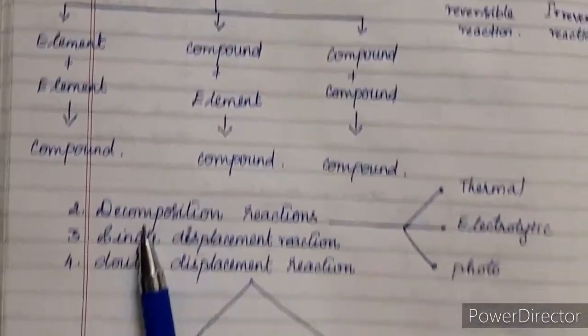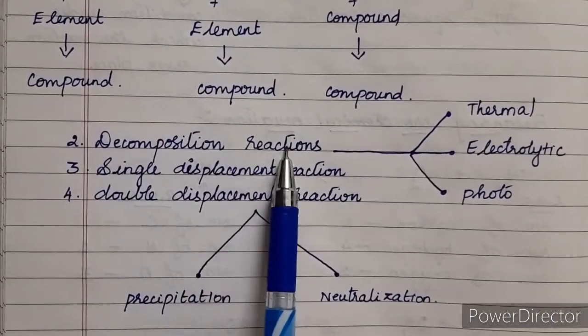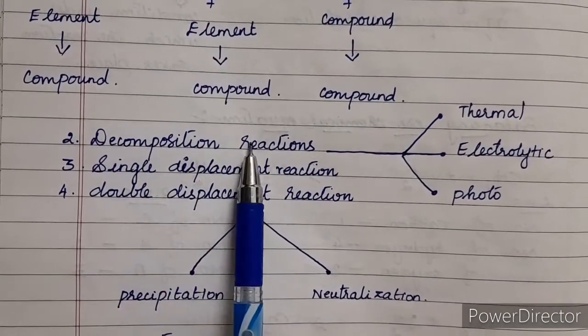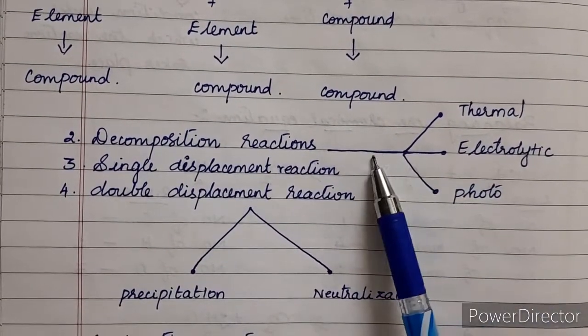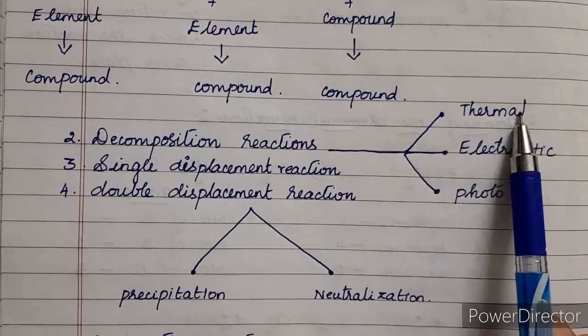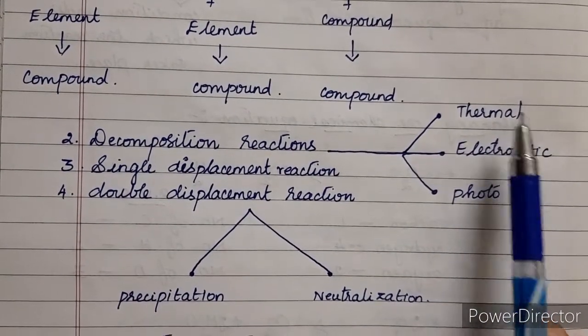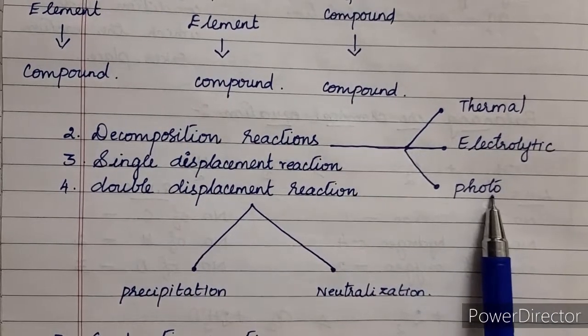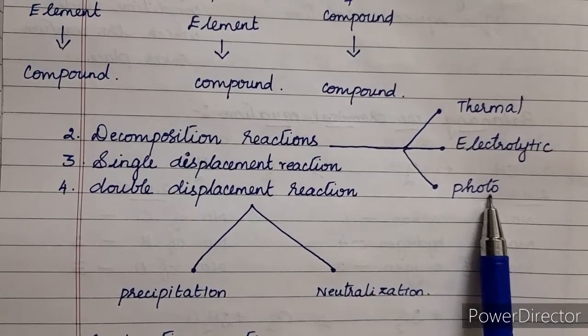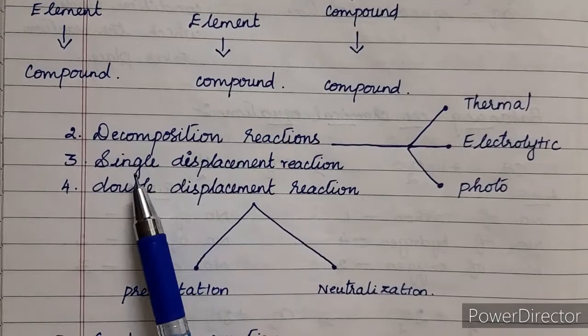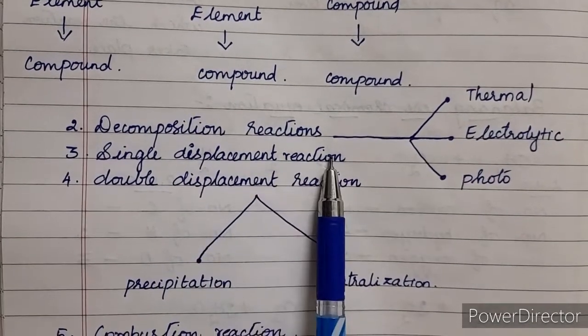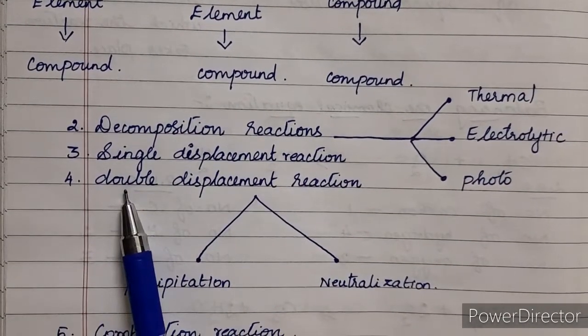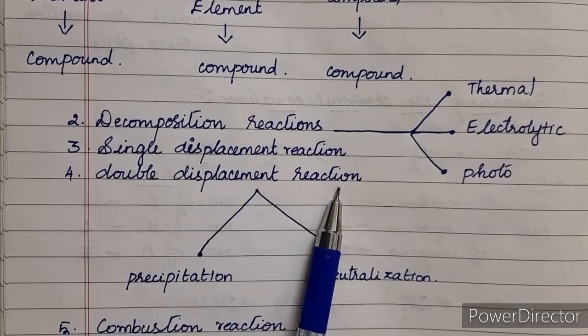The next one is the decomposition reaction. Now in decomposition reaction there are further classifications. The first one is the thermal decomposition reaction, electrolytic decomposition reaction, and photodecomposition reaction. And the next type is the single displacement reaction, and the next one is the double displacement reaction.